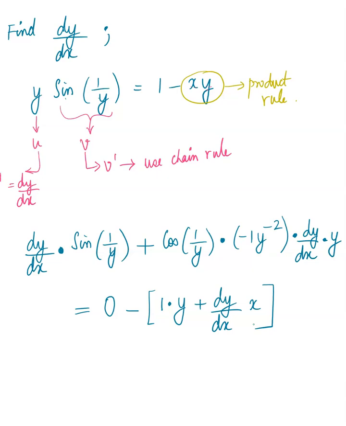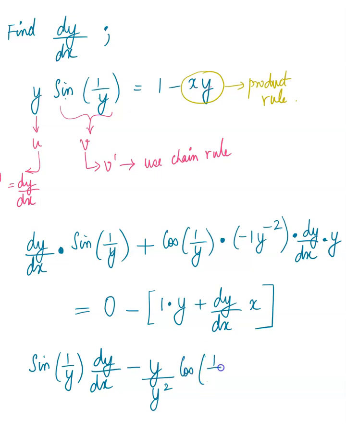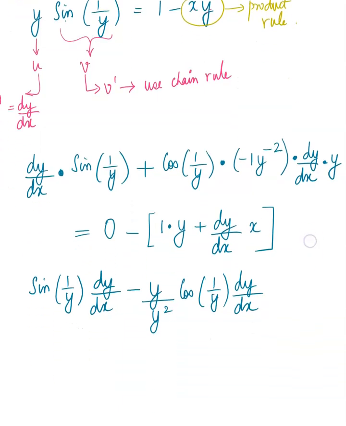Okay, we'll do a little cleanup here so we get to see it better. Minus, I bring the y in front, and this y power negative 2 will become y squared cosine 1 over y dy over dx is equal to, on the other side I'll have negative y, I distribute the negative, minus x dy over dx.